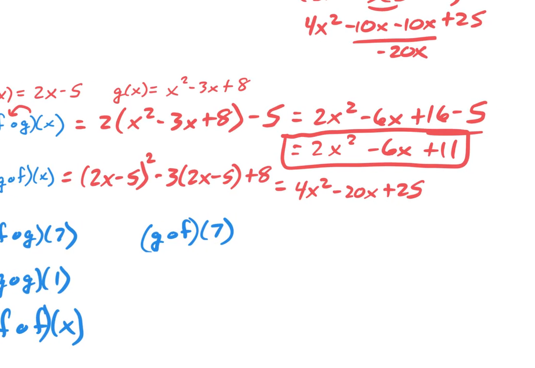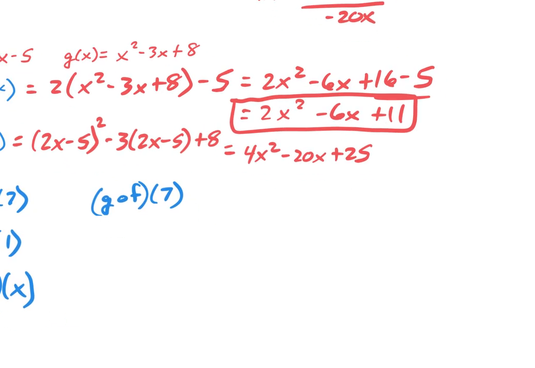Then we're going to take this negative 3 and distribute it. And then negative 3 times negative 5 would be positive 15 plus 8. Okay, and then to finish it, we're just going to combine like terms. 4x squared, nothing to combine with it.